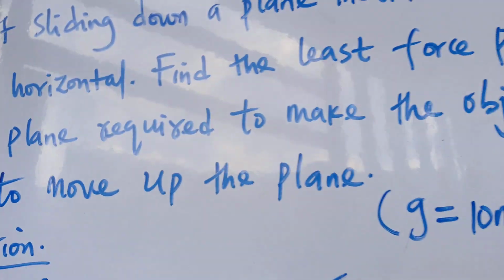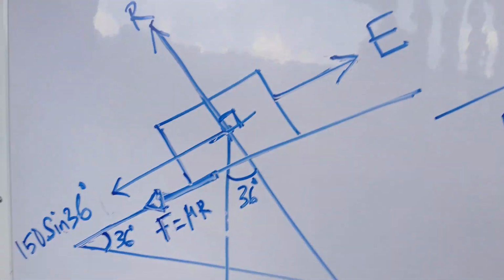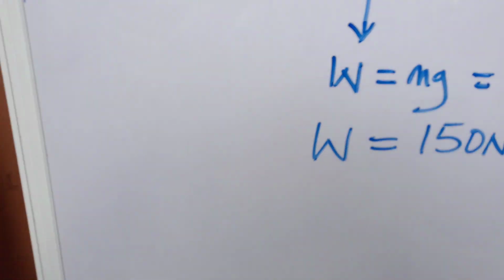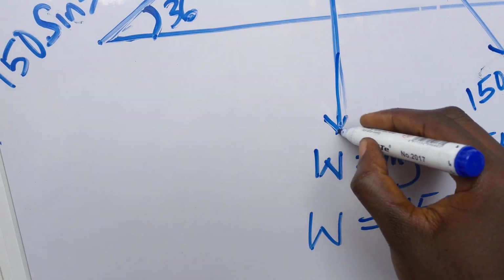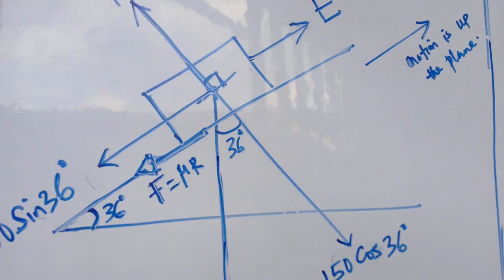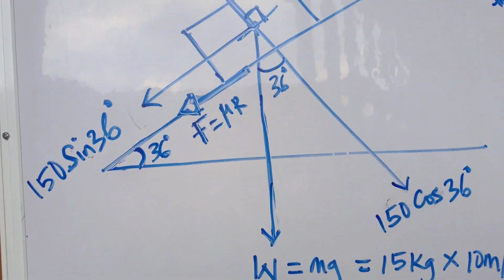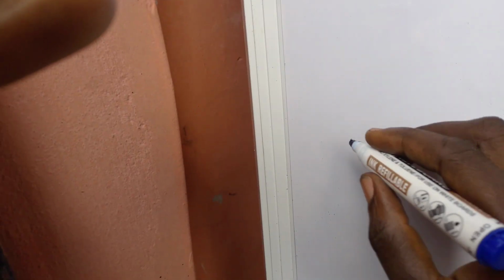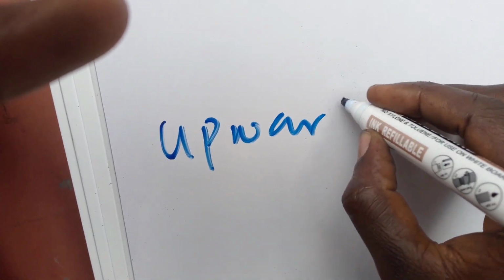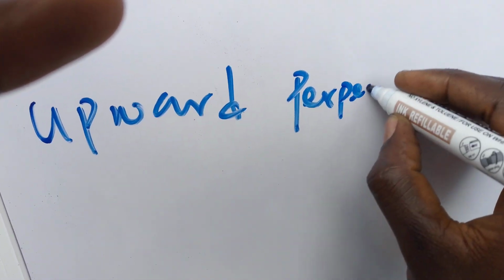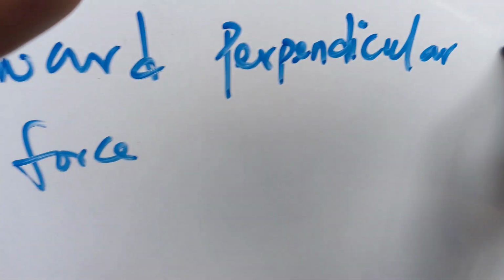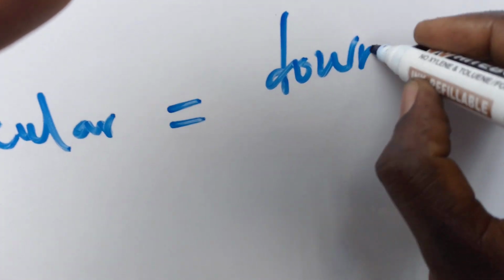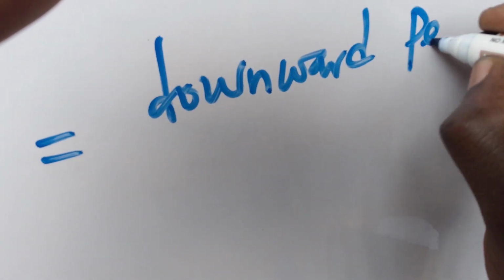So we are asked to find the least force parallel to the plane required to make the object move up the plane. We'll do that quickly. First, we'll take the upward perpendicular force to be equal to the downward perpendicular force.